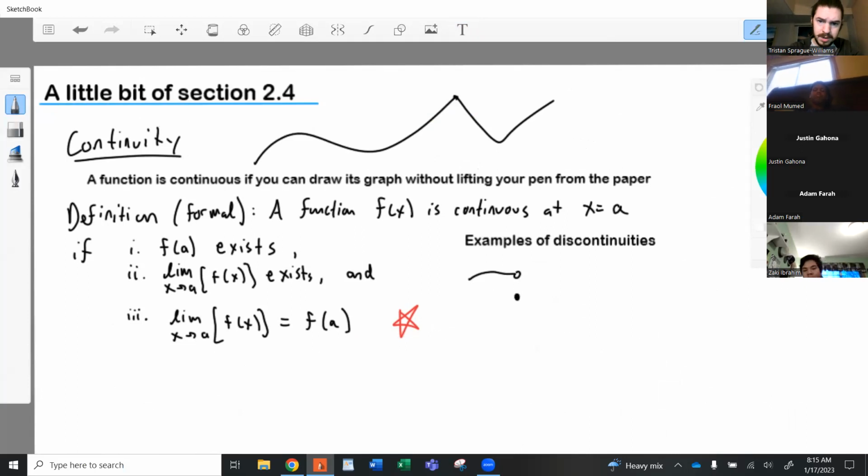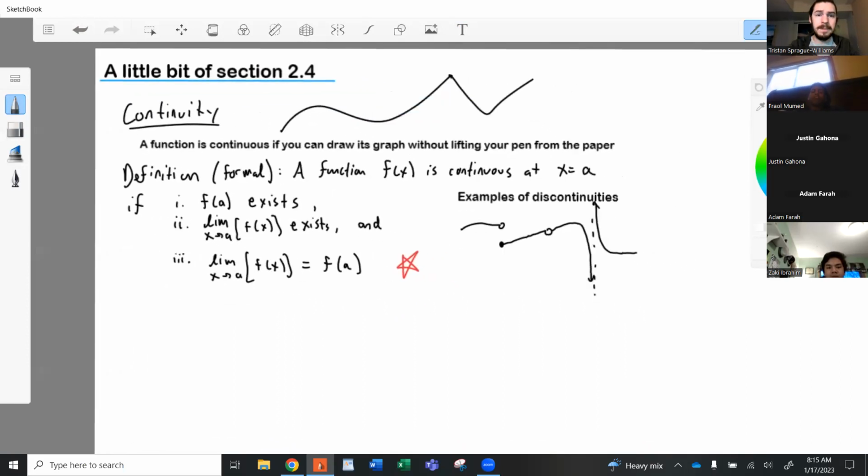Something like a jump is an example of a discontinuity. Or a hole is a discontinuity, or a vertical asymptote can also be an example of a discontinuity. So those are examples of discontinuities. Okay.